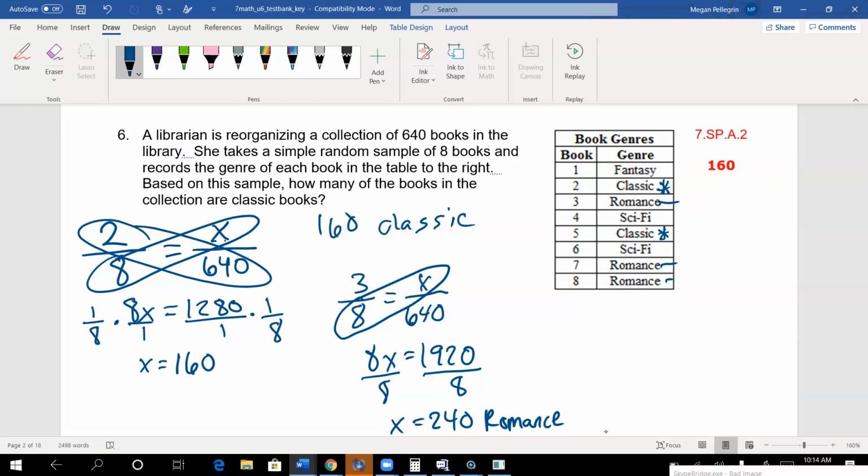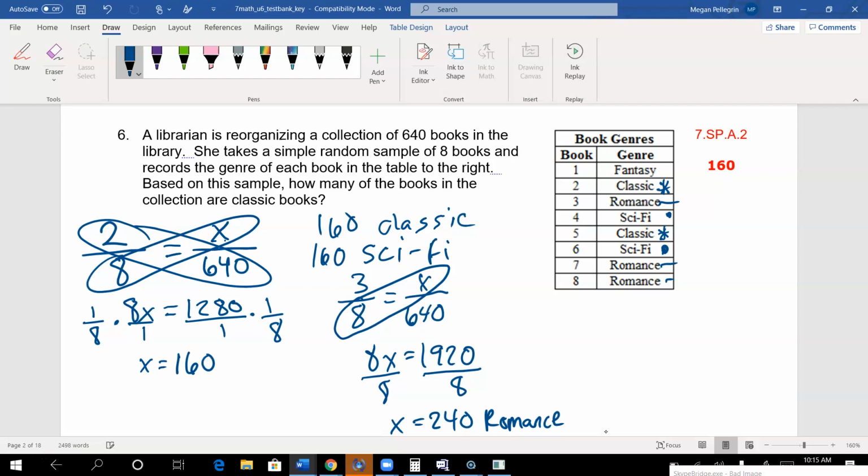I only have 2 other types. So then we had sci-fi. There was 2 sci-fi. Well, that's still the 2 out of 8. So therefore we have 160 sci-fi because it was the same as the classic.